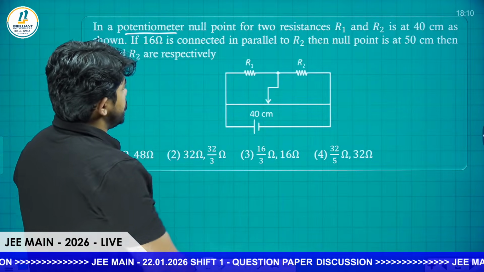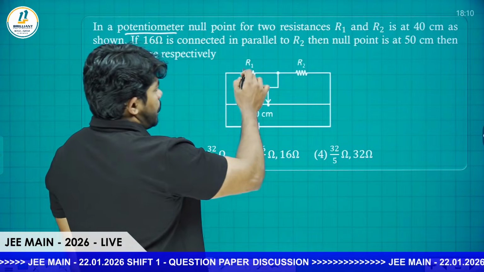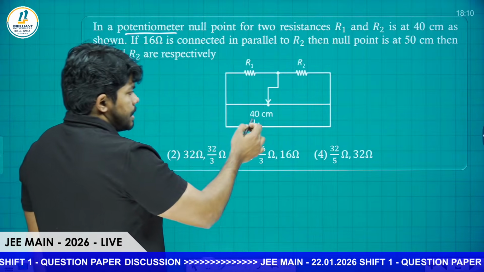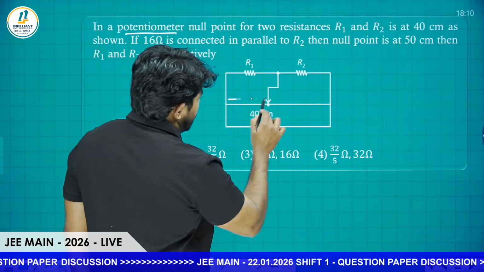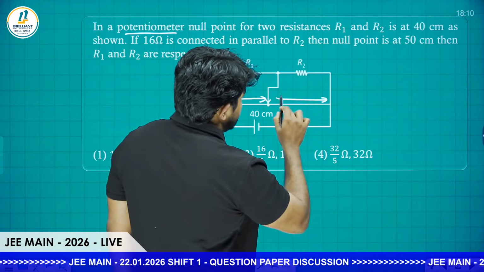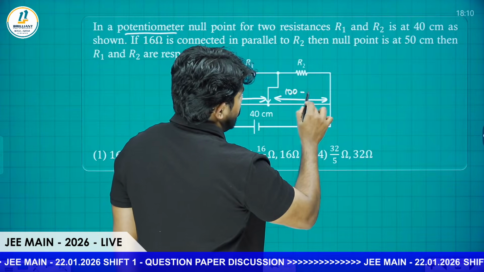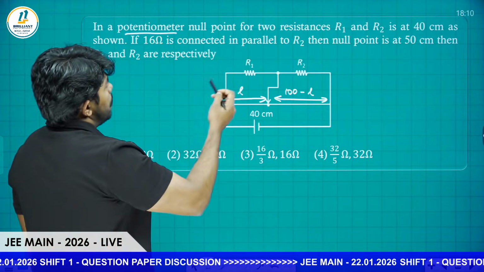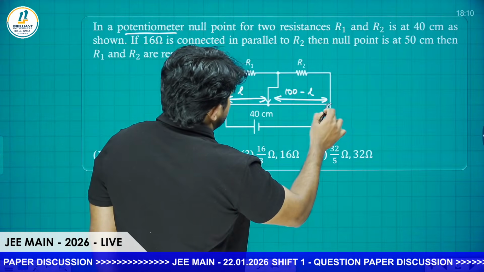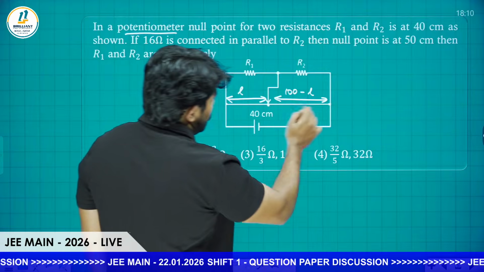So what is the condition here? They are saying that if R1 and R2 are arranged in this manner, then the balancing point will be at 40 centimeter. That means this length will be 40 centimeter. Then we know that this length will be 100 minus L, because the potentiometer wire is 1 meter.